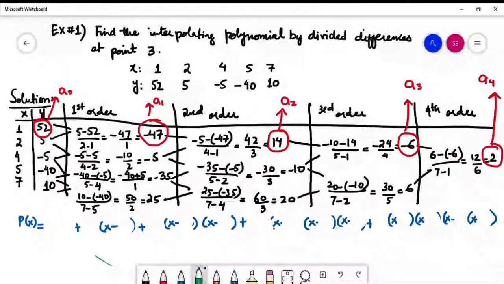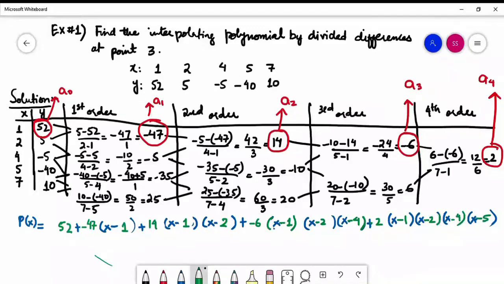Now we have to replace the values of a0, a1 and so on. a0 is equal to 52, plus a1 is equal to minus 47, x minus x naught is x minus 1, plus a2 is equal to 14, x minus 1, x minus x1 is x minus 2, plus minus 6, (x minus 1)(x minus 2)(x minus 4), plus 2 (x minus 1)(x minus 2)(x minus 4)(x minus 5).